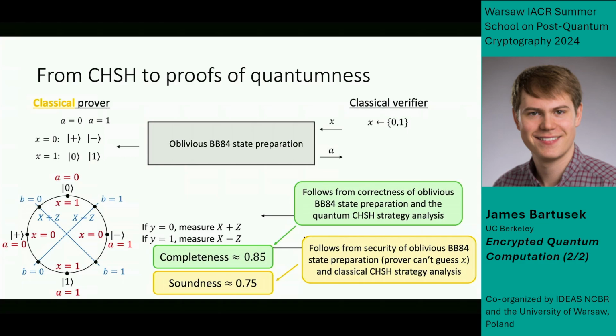If I'm a classical prover, then what is my output in the oblivious BB84 state preparation? Because if I'm classical, I can't receive qubits. Yeah. In some sense, we don't care, because we only care about proving soundness against the classical prover. This protocol just has classical communication, so if there's a classical prover, we don't care what they're doing in between the rounds as long as we can guarantee that they can't ultimately win this game with probability better than 3/4.